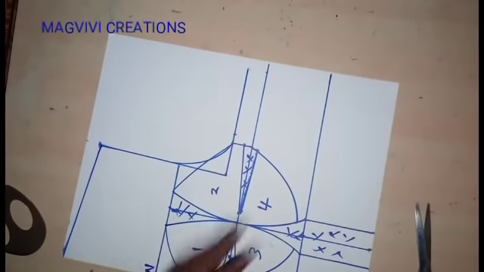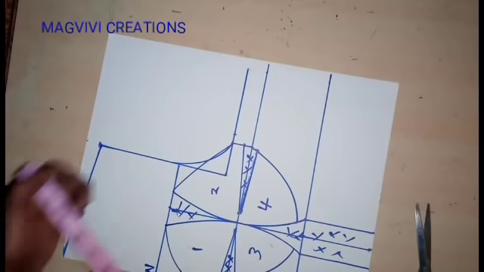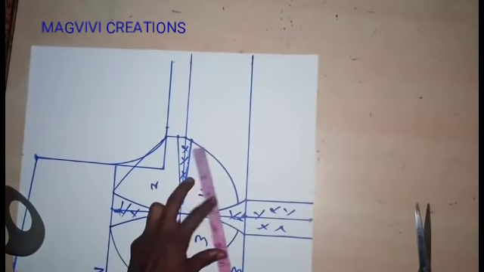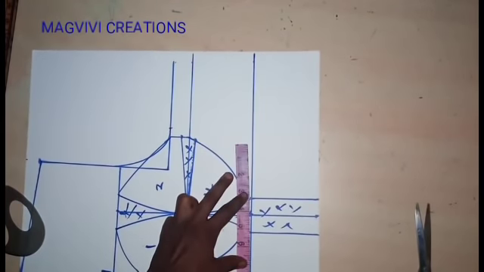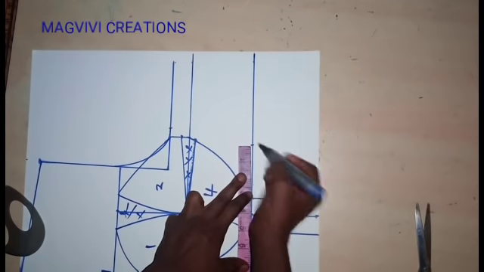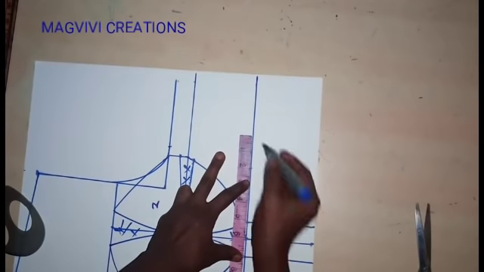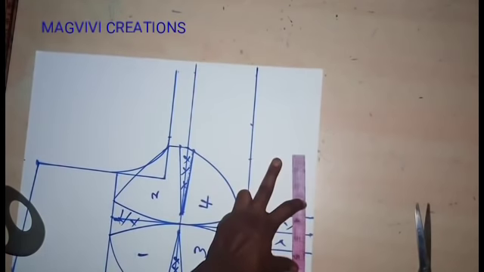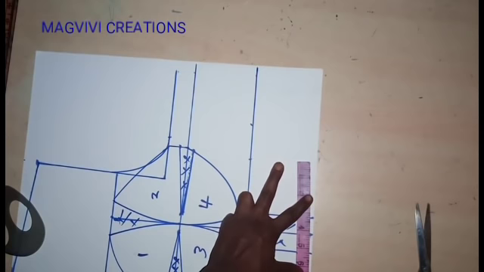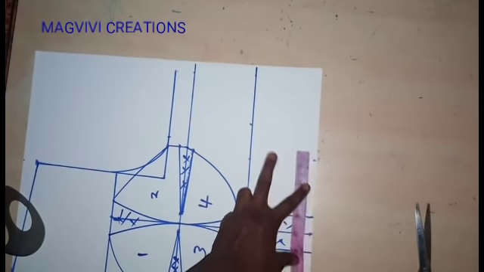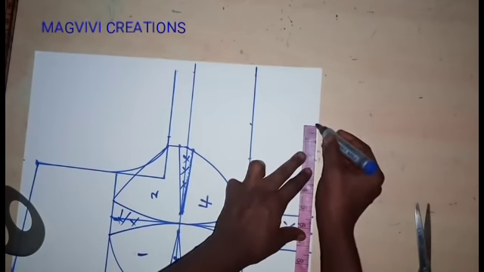Okay, one more thing, you need to place your round measurement, that is your circumference. So at the under bust, the under bust measurement divided by 4 plus the 2 inches dart. Same thing here, waist measurement divided by 4 plus 2 inches dart.